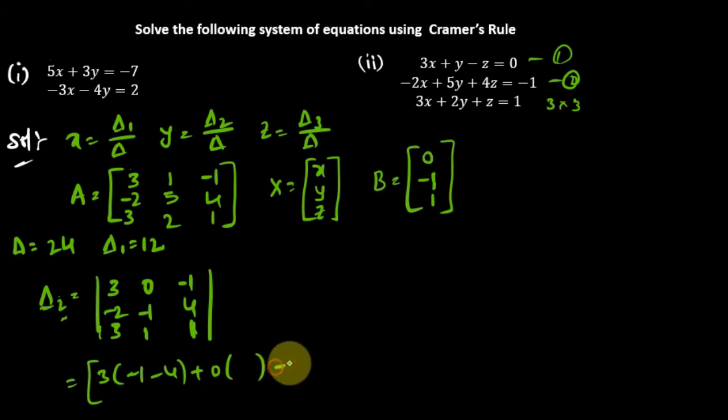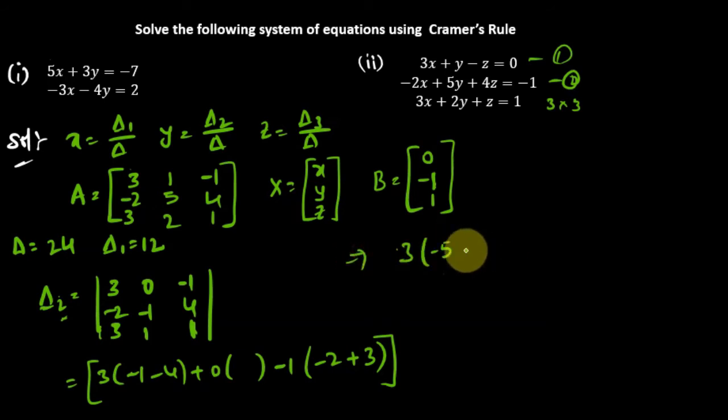Then lastly minus 1 into, close the corresponding row and column, you will get minus 2 into 1 is minus 2, minus 3 1 is 3, already the minus sign is there, this will become plus 3. Okay, now open the bracket. So this will become 3 into minus 5. So this is anyhow 0, we will not consider this.